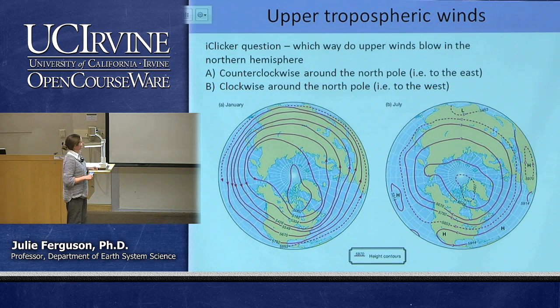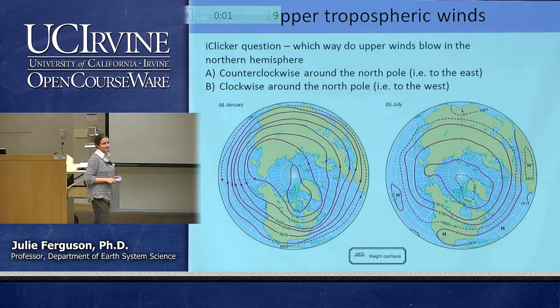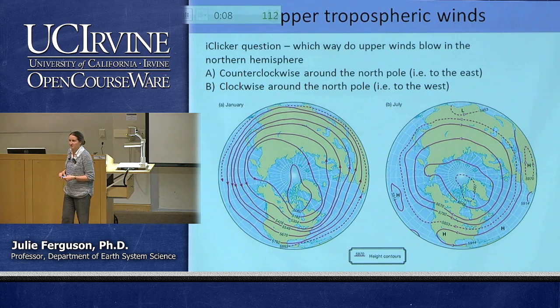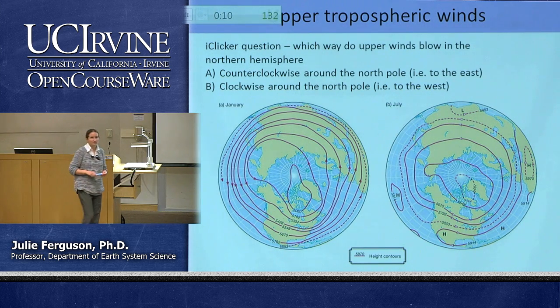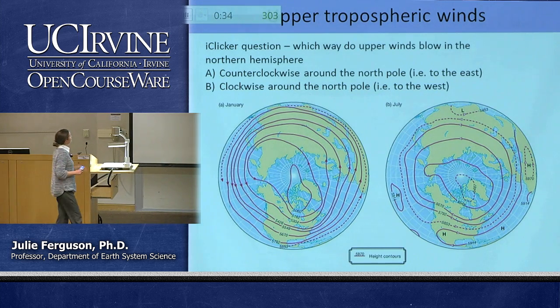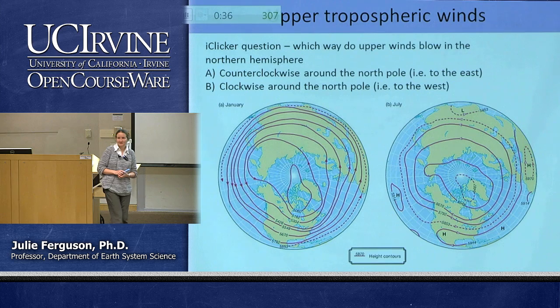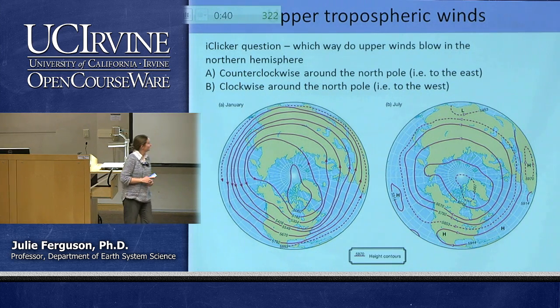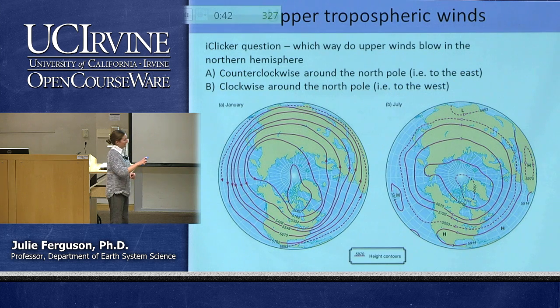Okay, so have a think. Talk to your neighbor. Which way do you think they go? So it's low pressure at the pole and high pressure down near the equator. A few more seconds. Okay, let's take a look.